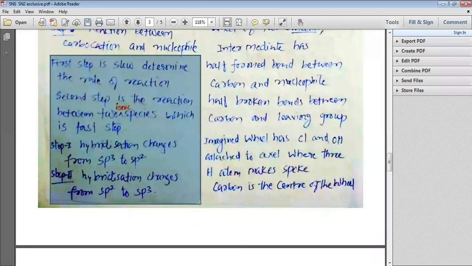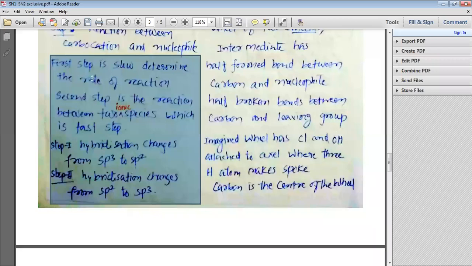You know, my dear students, why is it a slow step? The step is considered slow because this is not an ionic reaction. It is the reaction for the formation of the carbocation from the neutral species, so it is not a fast reaction, it is a slow reaction.